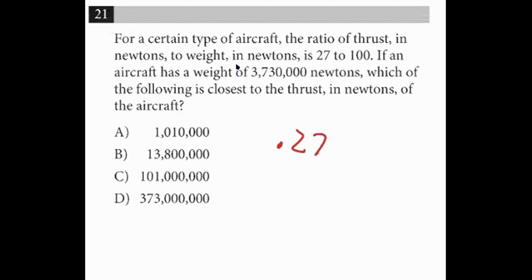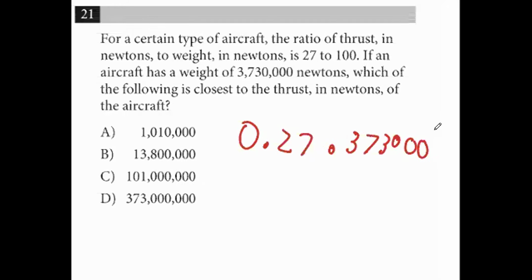So in this case, we just take this weight, so 0.27 times 3,730,000, which when you multiply that out is 1,007,100.